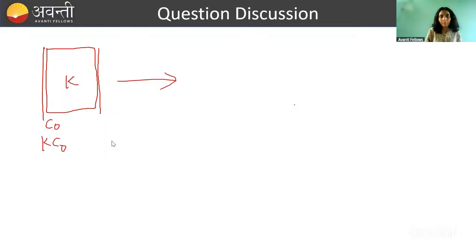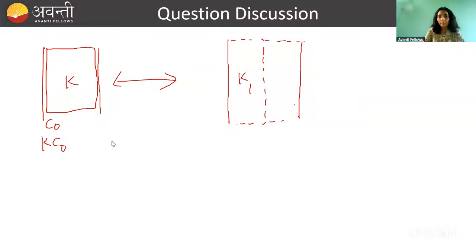Now let's say we are drawing different things like this. Suppose we have a parallel plate capacitor, and we are inserting two dielectrics such that in half of the space I have added K1 dielectric, and in the other half I have added K2 dielectric. Now tell me, what can I say about the final capacitance of this capacitor in the second diagram?